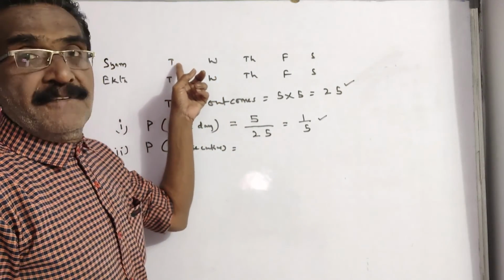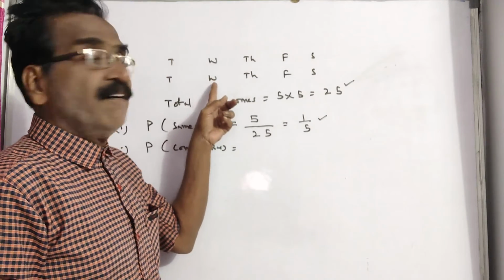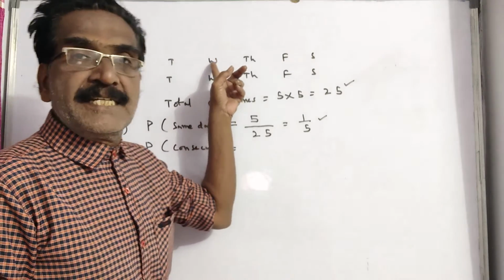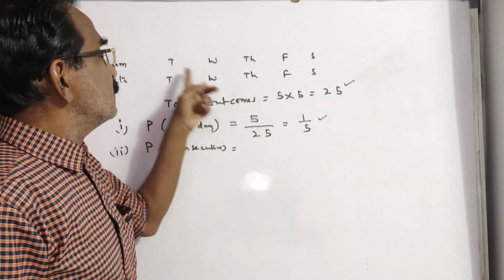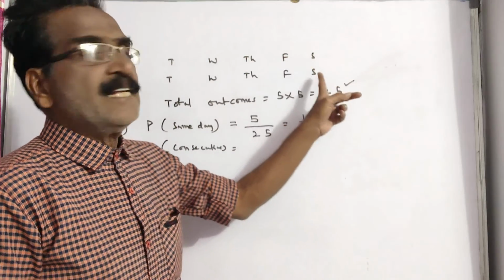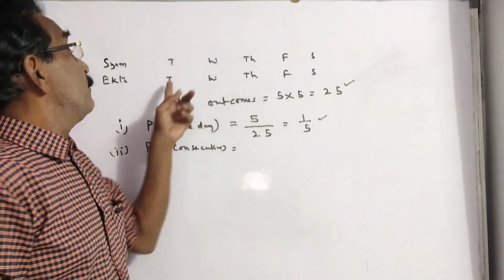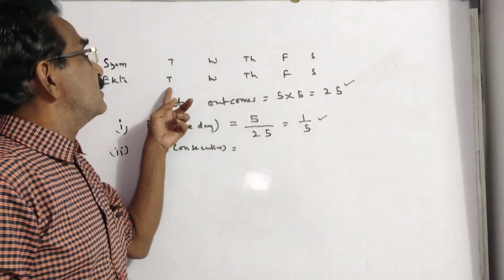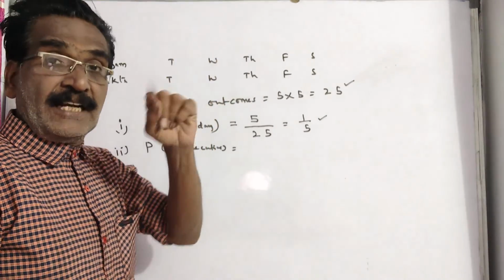If Shyam visits on Tuesday, then Ekta must visit on Wednesday. If Shyam visits on Wednesday, Ekta must visit on Thursday. So Tuesday, Wednesday, Thursday, Friday, Saturday, 4 outcomes.